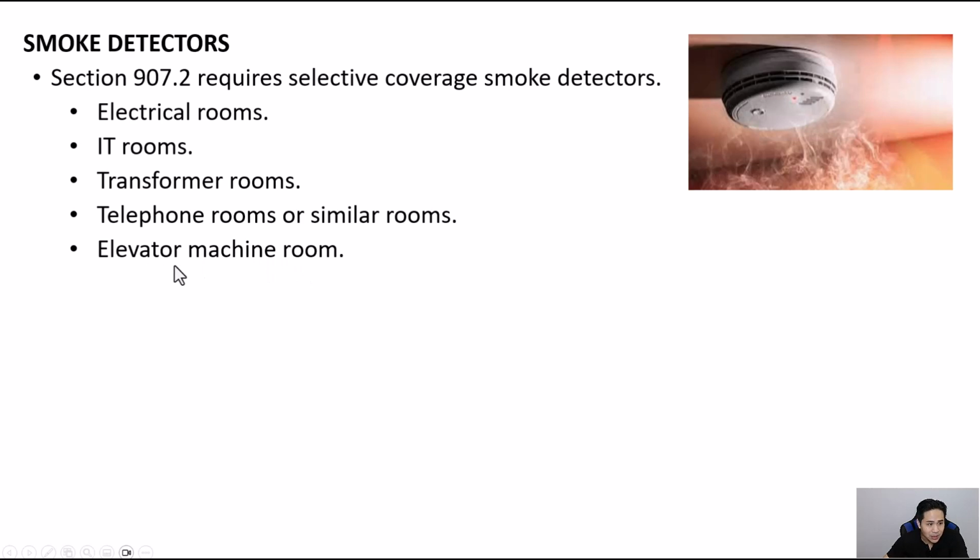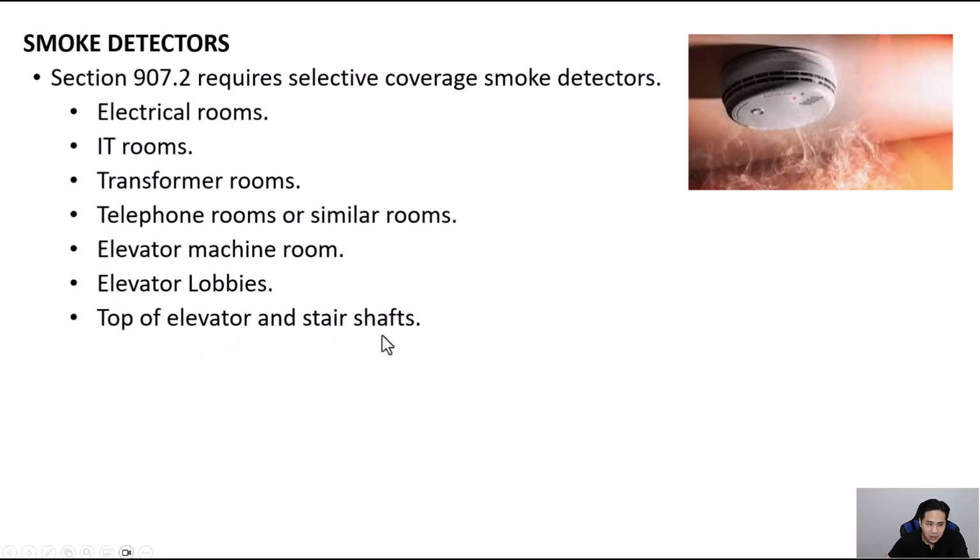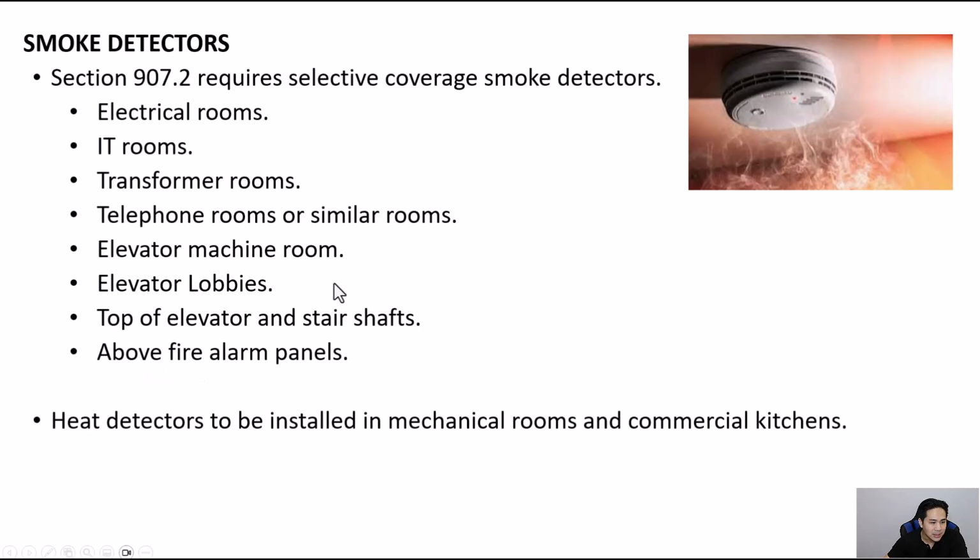You need it in elevator machine rooms, elevator lobbies, top of elevator and stair shafts, above fire alarm panels, and heat detectors are to be installed in mechanical rooms and commercial kitchens.